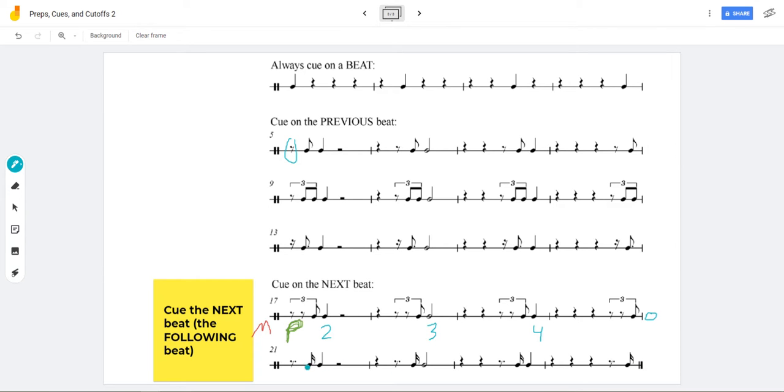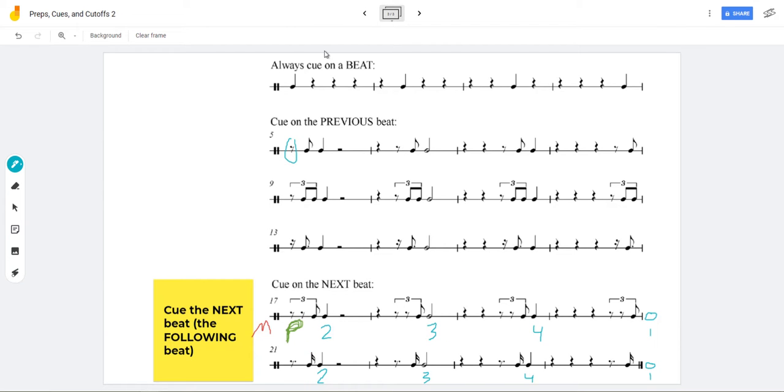Okay, and then here, this is the last 16th note, and you just cue 2, a 2, a 3, so you cue 3, a 4, and this one is cueing a 1, and so you're actually cueing beat 1 over here on both of these. All right, so we know the prep is 1 beat previous.